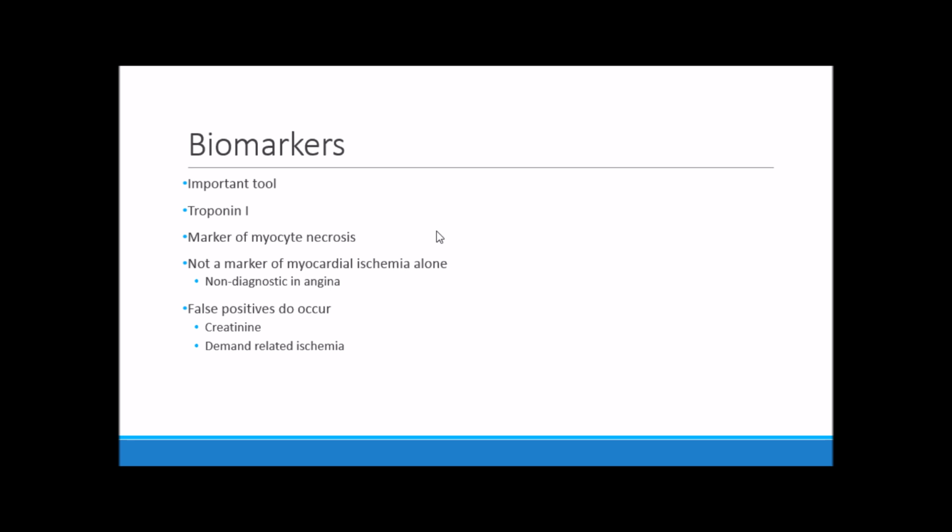And there are situations where there will be a very low level of myocardial necrosis, but it's not because there's a thrombus in an artery. It's because the demand of that muscle, that myocyte, or many of them, was much greater than the supply.